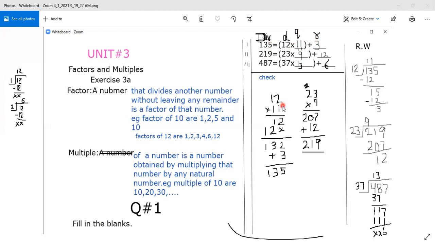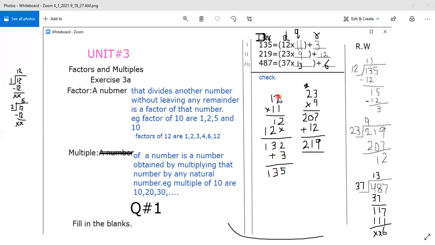Let's prove it here. I have done the check for you. Let's check whether 12 times 11 plus 3 is equal to 135 or not. 12 times 11, when we multiply it, the product of 12 and 11 is 132, plus 3 equals 135.